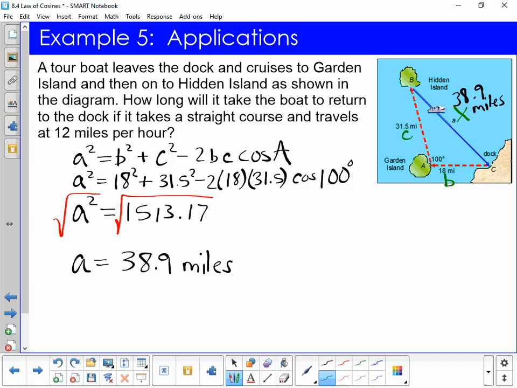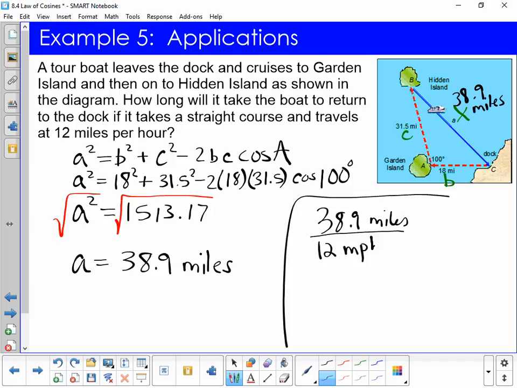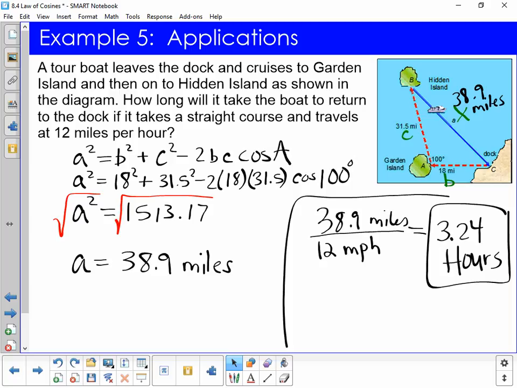We just have to divide. 38.9 miles divided by 12 miles per hour, whoops, I didn't type it right. 38.9 divided by 12, I missed the one. About 3.24 hours. So pretty close to 3 hours and 15 minutes as they're traveling on the boat.